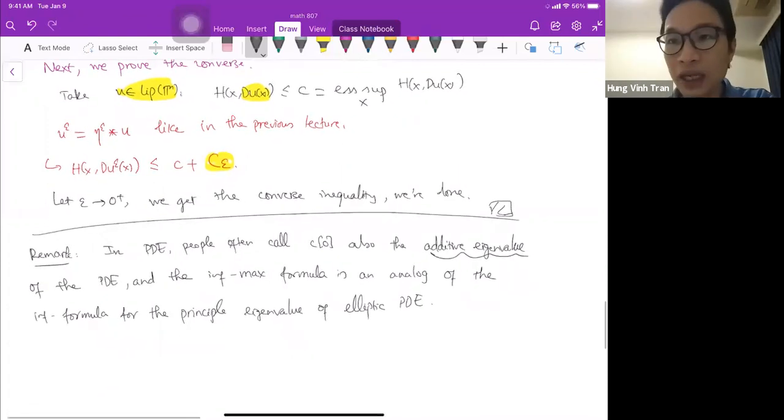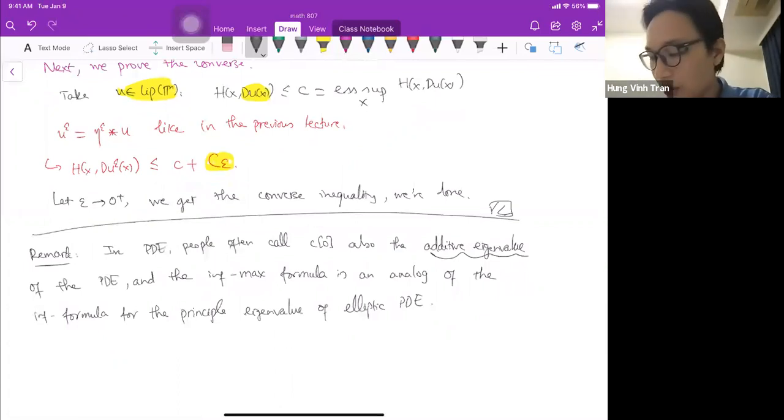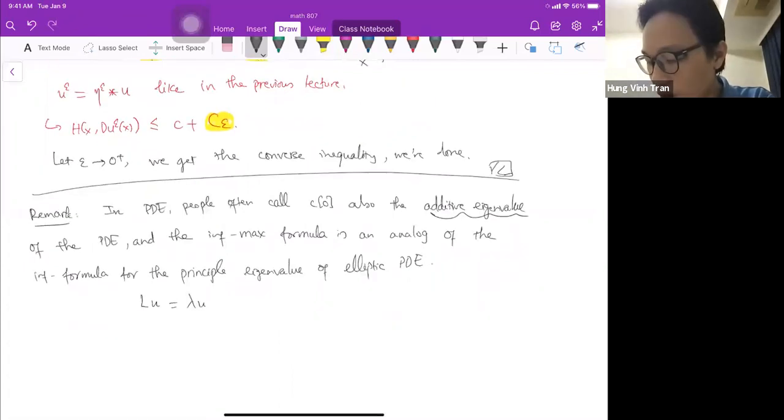So the principal eigenvalue for the elliptic equations often would read that if you have the equation Lu equals lambda u, then the principal eigenvalue lambda 0 can often be written down as the infimum over all phi in H01 of the integral over U of L phi with phi.